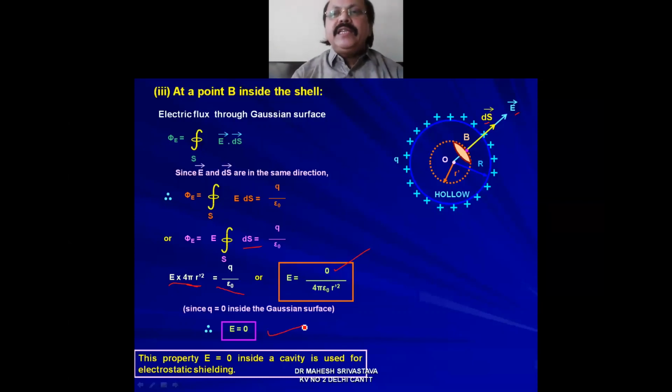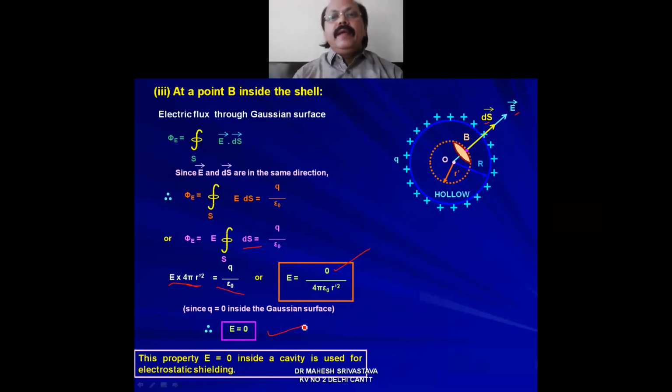So you remember this property: if there is no charge enclosed by a surface, then electric flux through that surface is always zero. Already you have proof when you take a cylindrical surface. Although these surfaces are placed in an electric field, even then the total electric flux through the surface is zero.